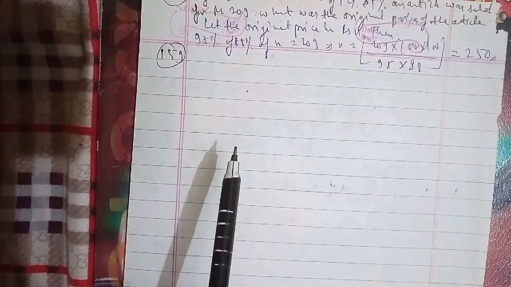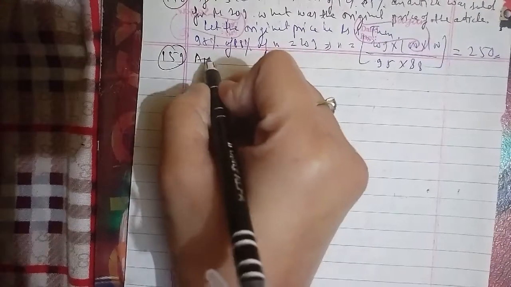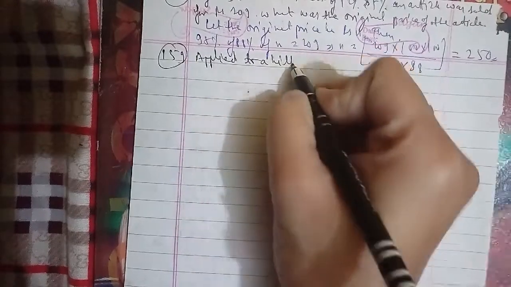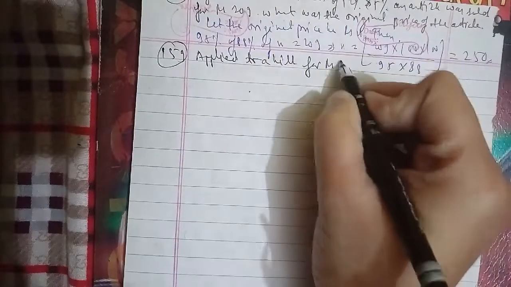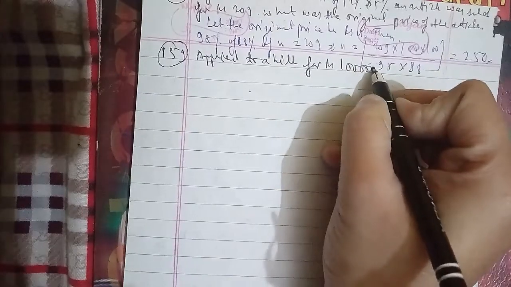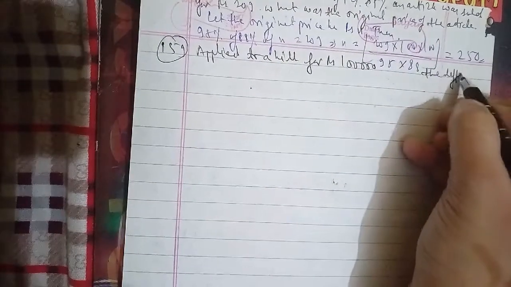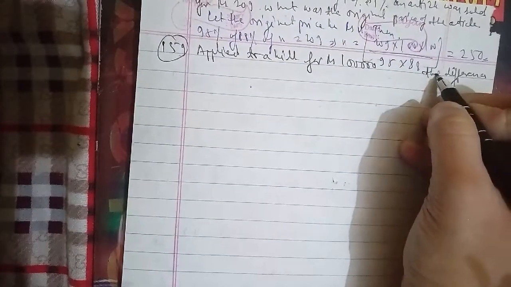Applied to a bill for rupees 1 lakh, the difference between a discount of 40% and two successive discounts of 36% and 4% is.